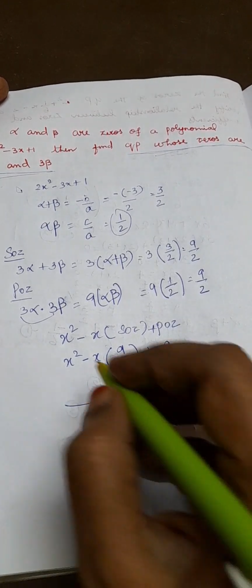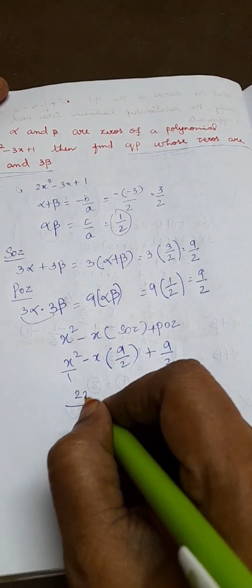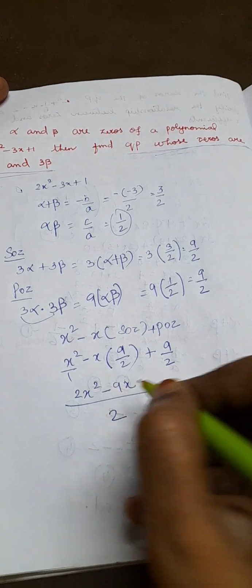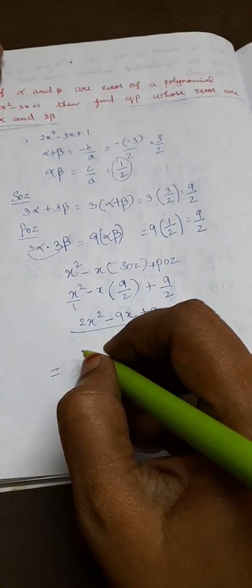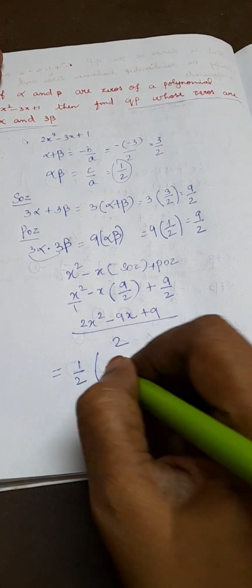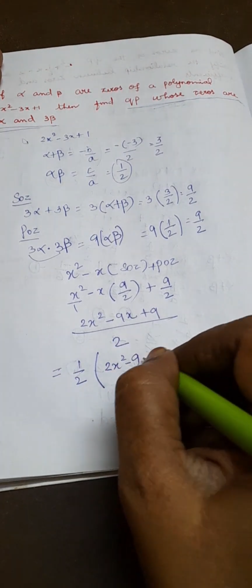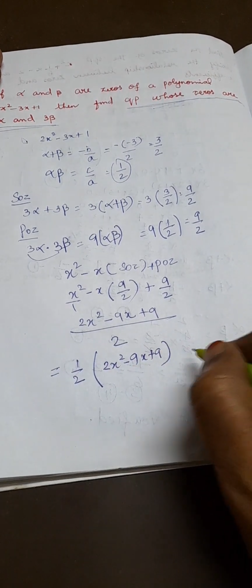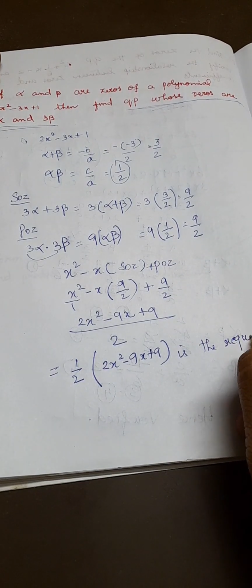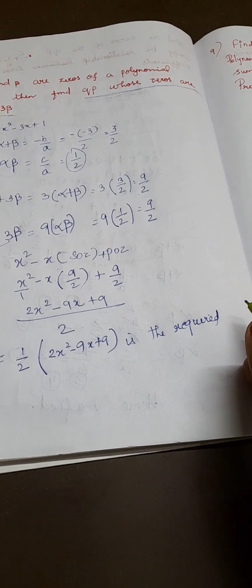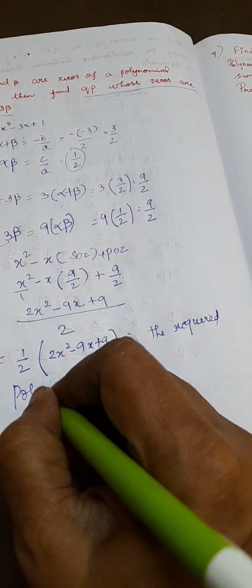Take 2 common, so you will get 2x square minus 9x plus 9. Okay, so what is the polynomial? 1 by 2 into 2x square minus 9x plus 9 is the required polynomial. Is it clear?